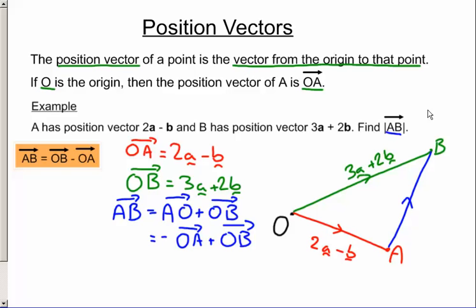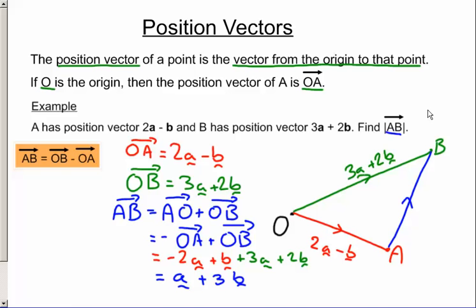So now it's just a case of putting in what we know. Minus OA is minus 2a plus b, and plus OB is plus 3a plus 2b, and that gives us that AB is equal to a plus 3b. But that's not the answer, because the question was asking us for the magnitude of AB.